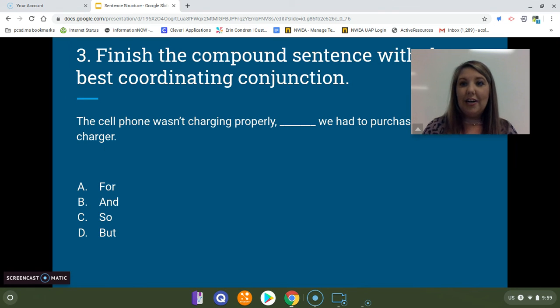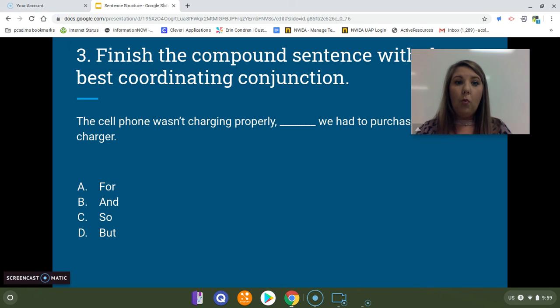And the last one here, I told you you want to make sure you use the correct coordinating conjunction. So let's look. Finish the compound sentence with the best coordinating conjunction. The cell phone wasn't charging properly, comma, blank, we had to purchase a new charger. So I would just add those in.